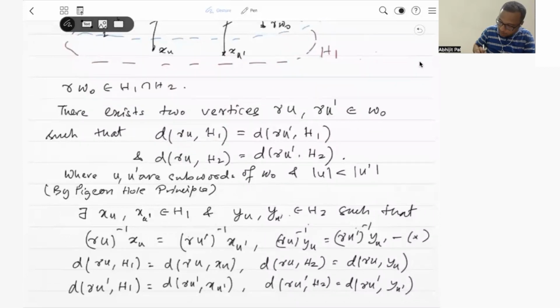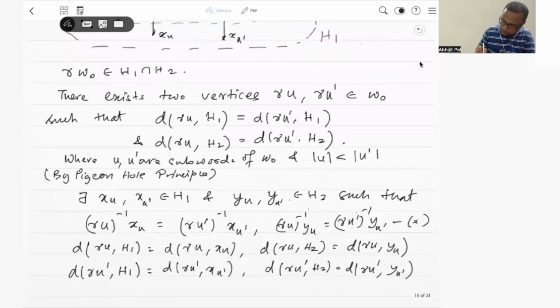Similarly, gamma u inverse yu is equal to gamma u prime inverse yu prime.